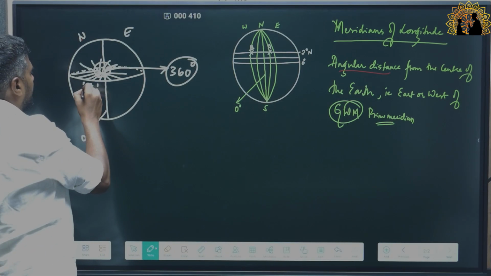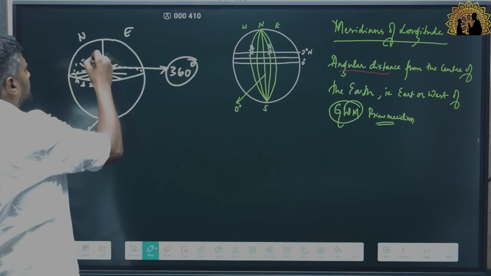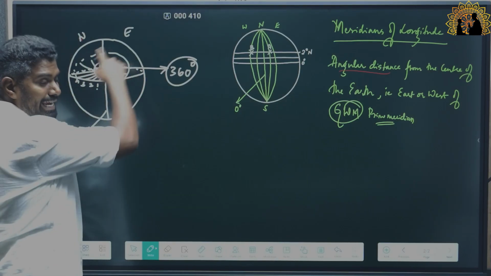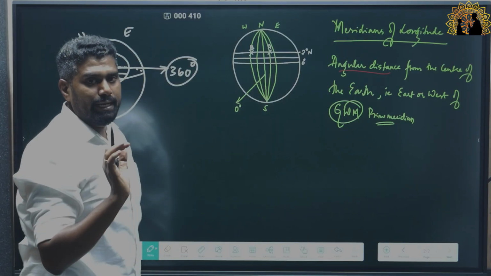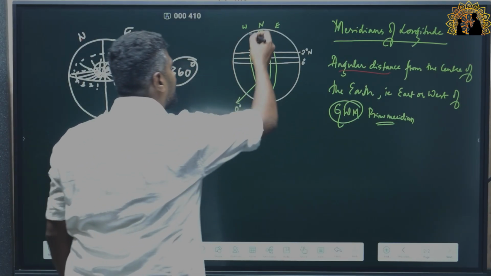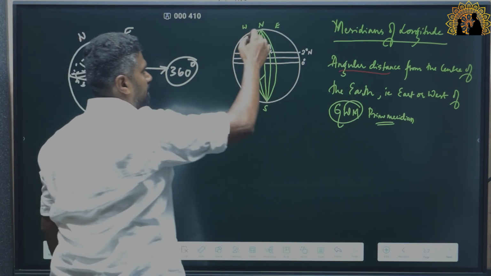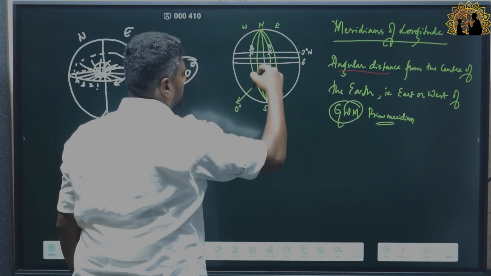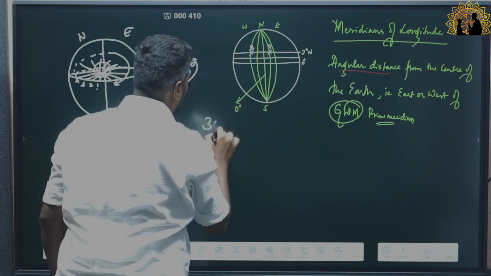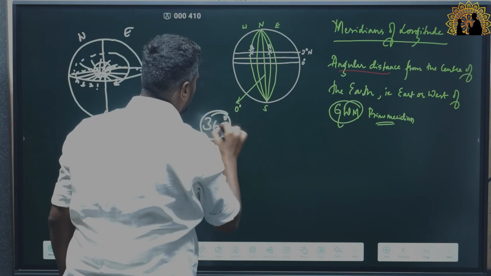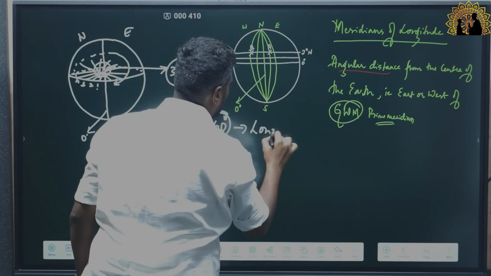So I can draw 1 degree, 3 degree, 5 degree, 6 degree like this. It completes the complete circle. So the number of lines we can draw like this on both hemispheres from north to south is 360 degrees or 360 longitudes.